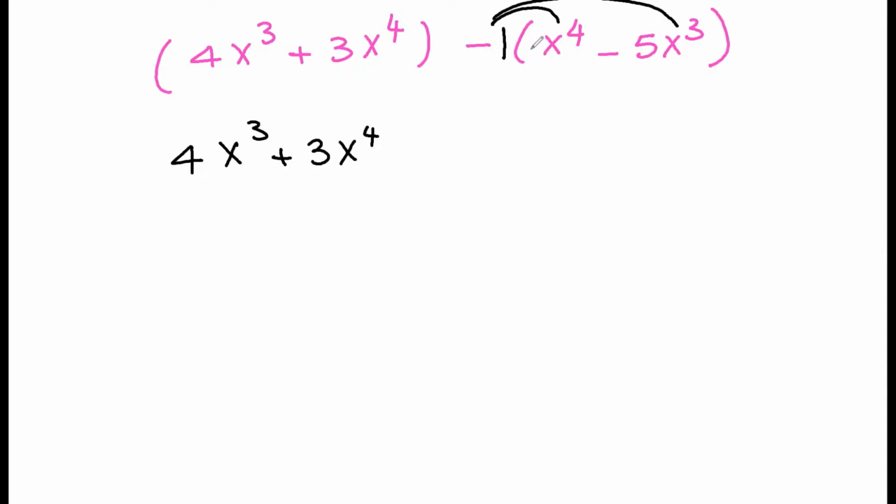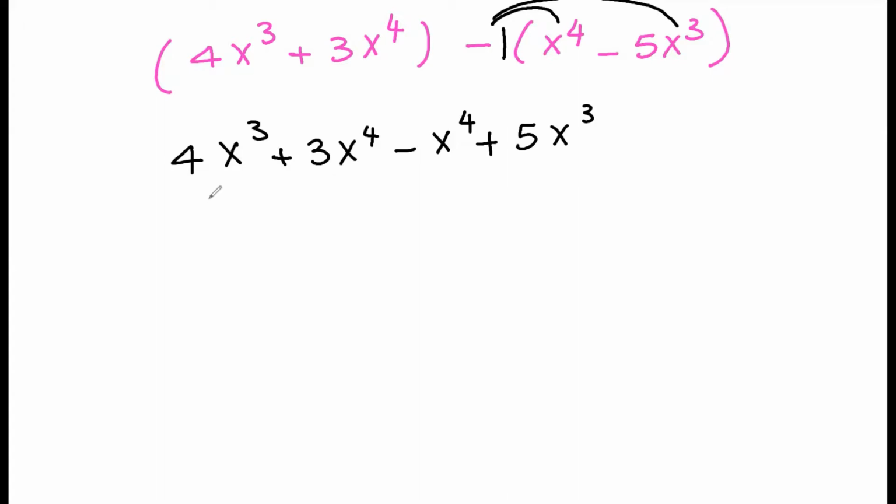So -1 times 1 is negative x to the 4th power. -1 times negative 5x cubed is going to become positive 5x cubed. Now, keep in mind that negative times negative is positive.